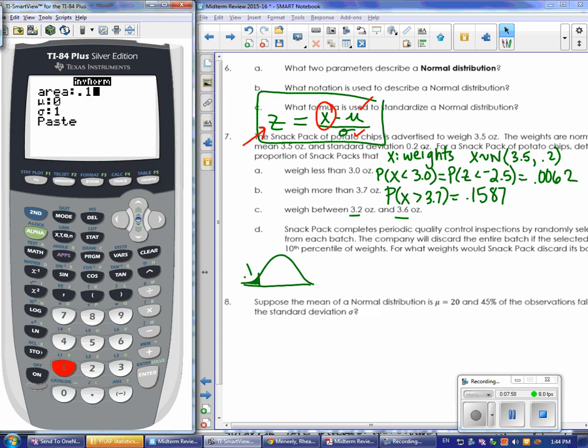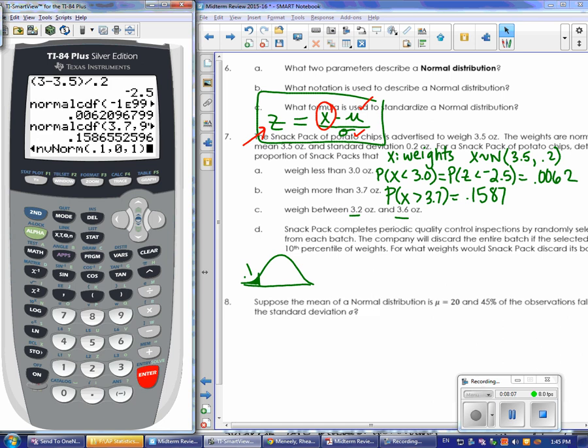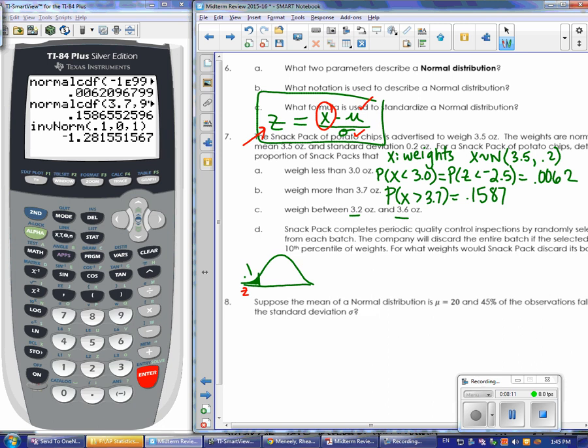Now, if this were a free response question, you'd keep the mean as 0 and the standard deviation as 1. So I'm going to actually go ahead and do it this way. And that gives me my z-score. So now I know that the z-score associated with that point is negative 1.282. So now I have enough information to solve for x.